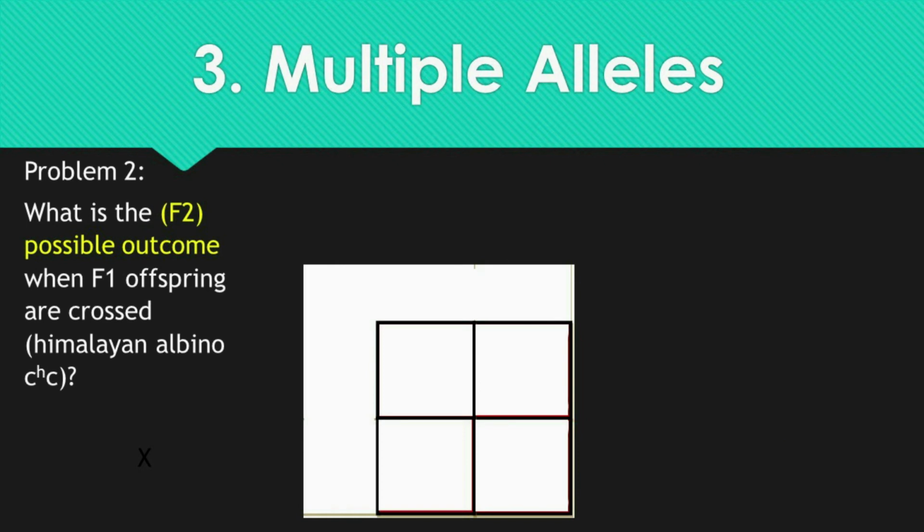The next problem is connected to the first problem. What is the possible outcome when first filial generation offspring are crossed? Can you identify the parents? The parents now were the product or offspring in the first generation. Both of the parents are Himalayan albino rabbit with a given genotype.